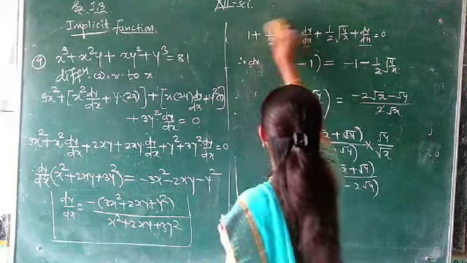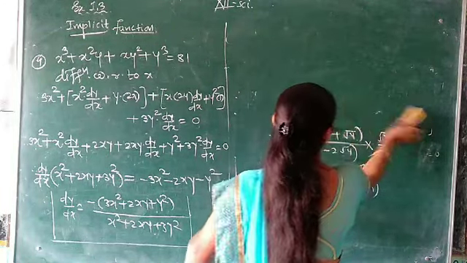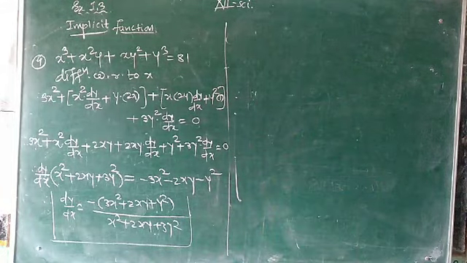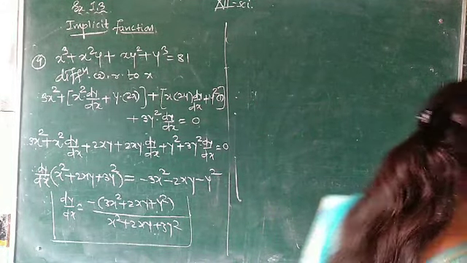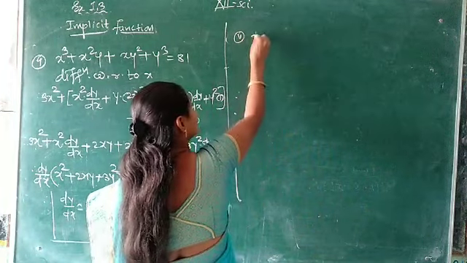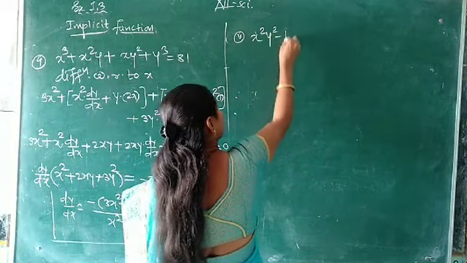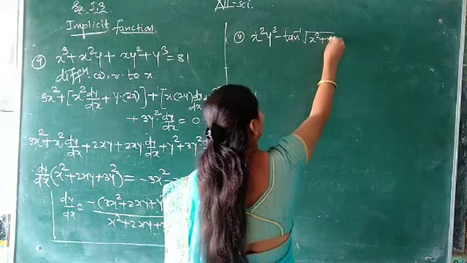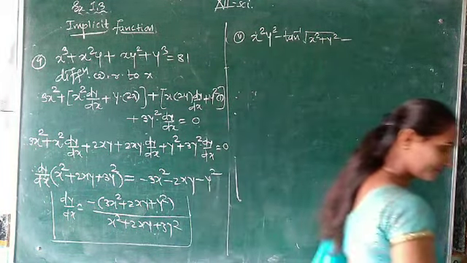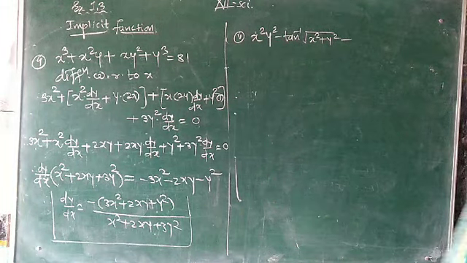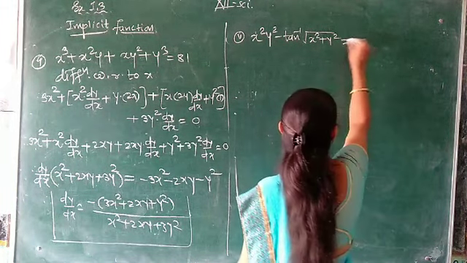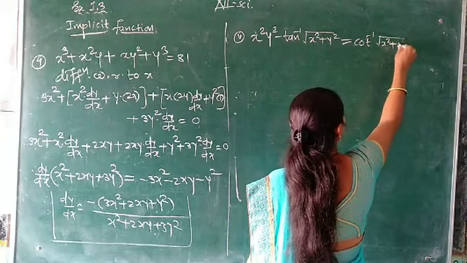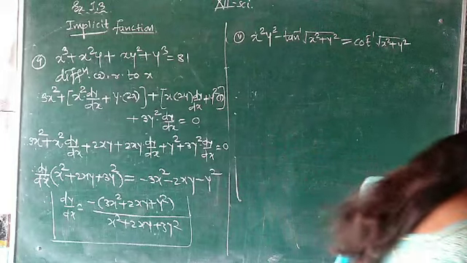Now see the next question, question number 5. x square y square minus tan inverse of under root x square plus y square is equal to cot inverse of under root x square plus y square.